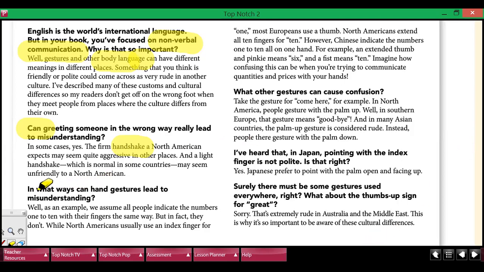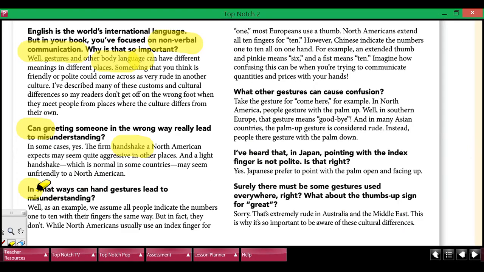I'm sorry. Can you start over? In what ways can hand gestures lead to misunderstanding? Well, as an example, we assume all people indicate the numbers 1 to 10 with their fingers the same way. But in fact, they don't. While North Americans usually use an index finger for 1, most Europeans use a thumb.